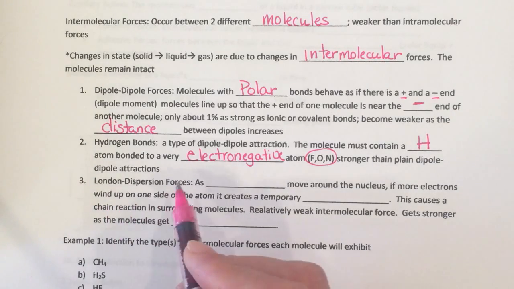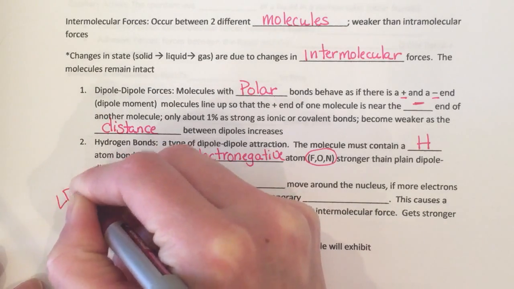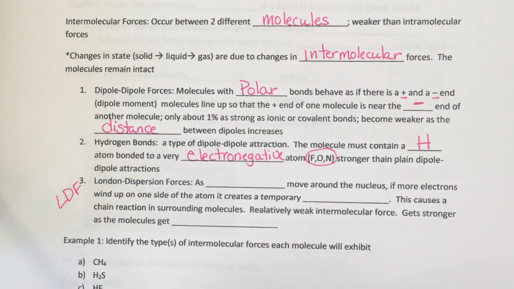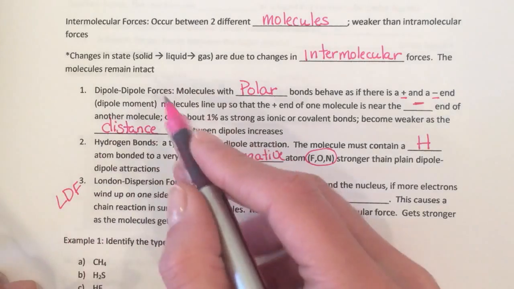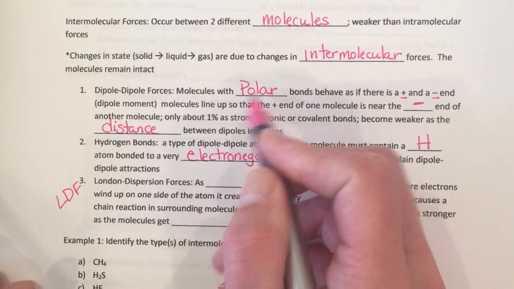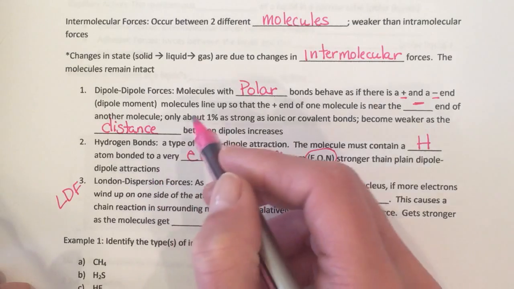Now, London dispersion forces, we'll also call these LDF. London dispersion forces, what's going to happen is these are going to apply to all molecules. While dipole-dipole is only polar, London dispersion can be polar or nonpolar, okay?